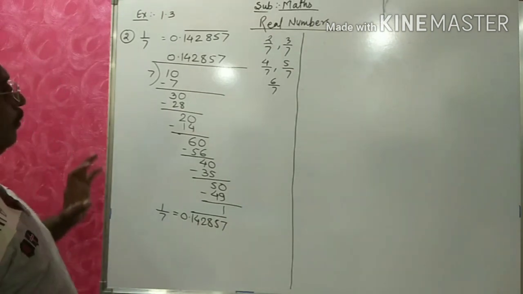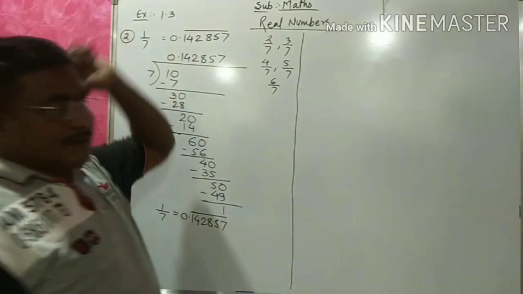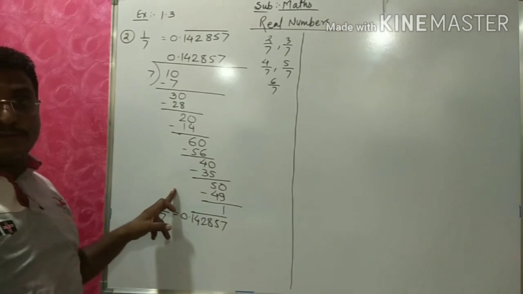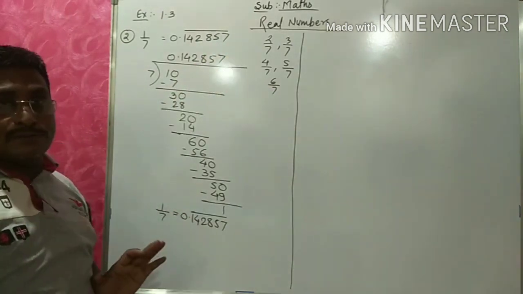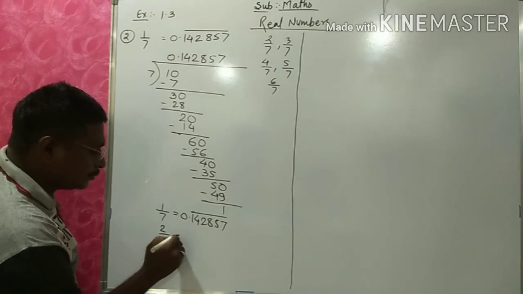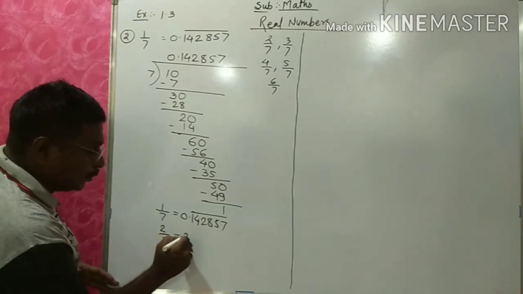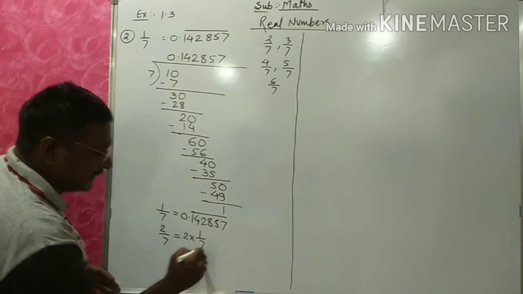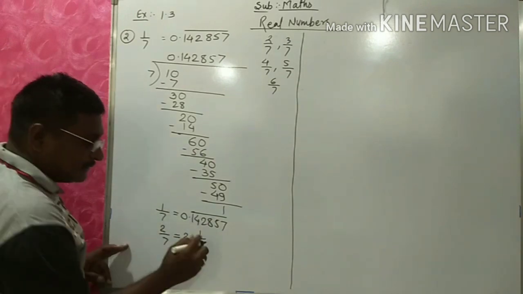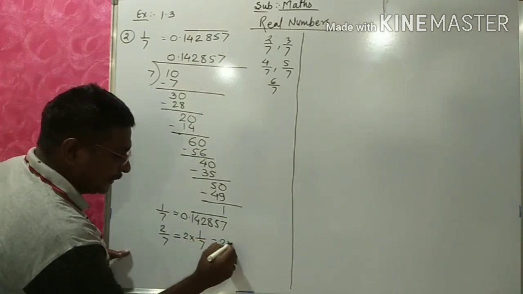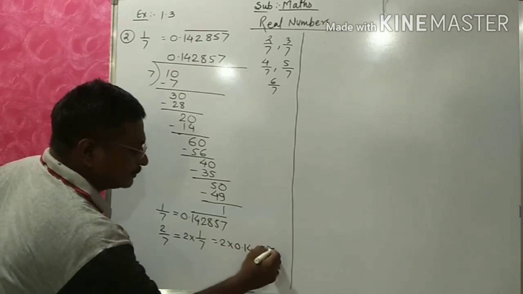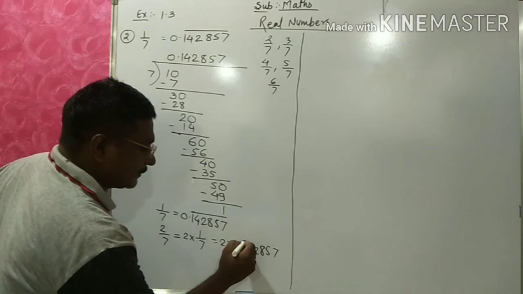Now can we write 2 by 7 without actually performing such a division? How to write the value of this? 2 by 7 is 2 into 1 by 7. Can we write it this way? Yes. Now the value of 1 by 7 is given, so 2 into 0.142857 bar.